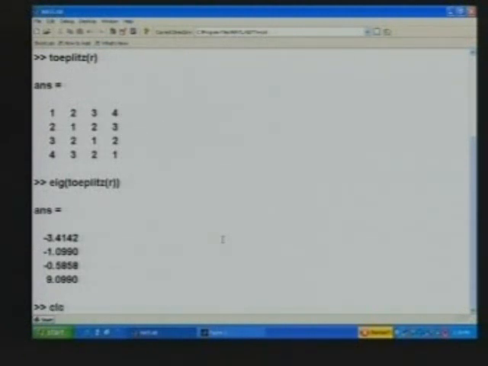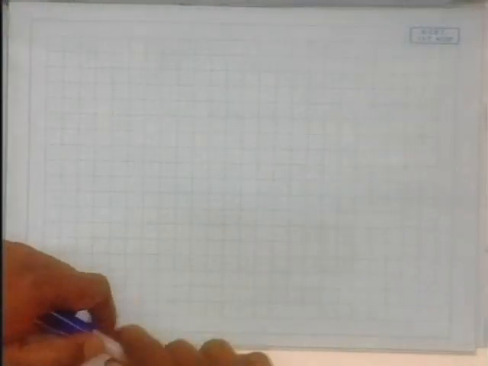Let me discuss it with respect to the autocorrelation sequences of a signal. So now I am going to discuss the significance of the Toeplitz matrix.